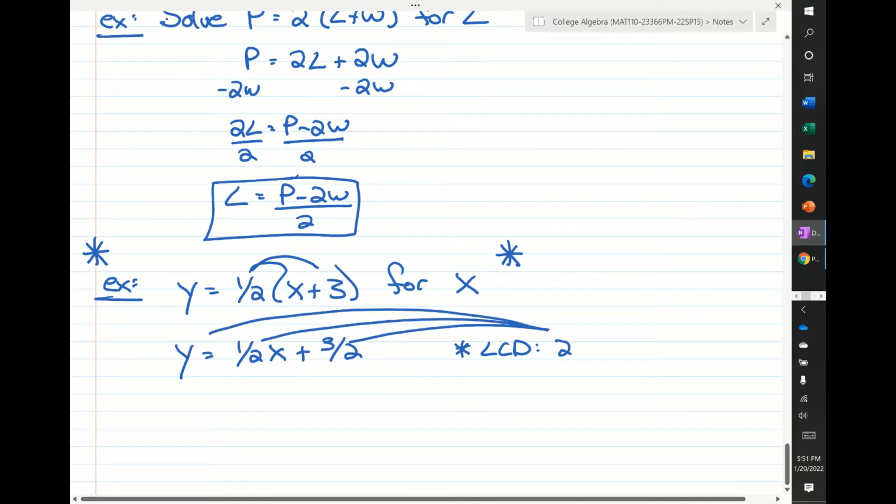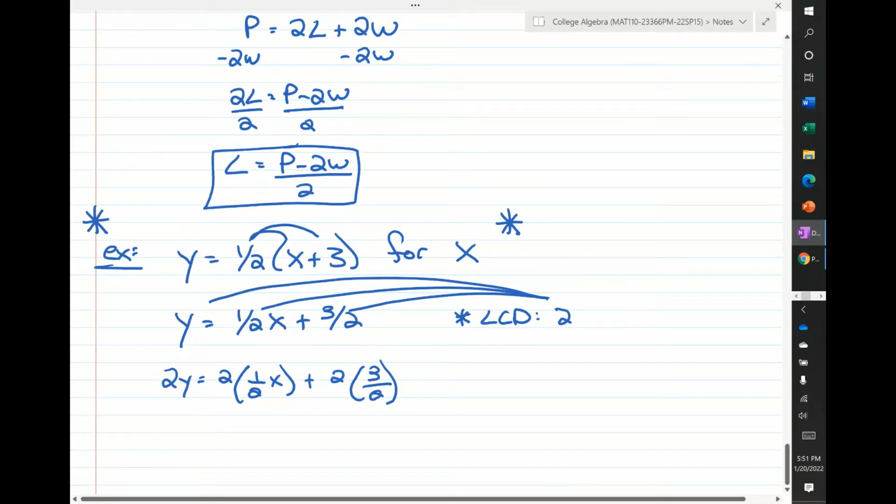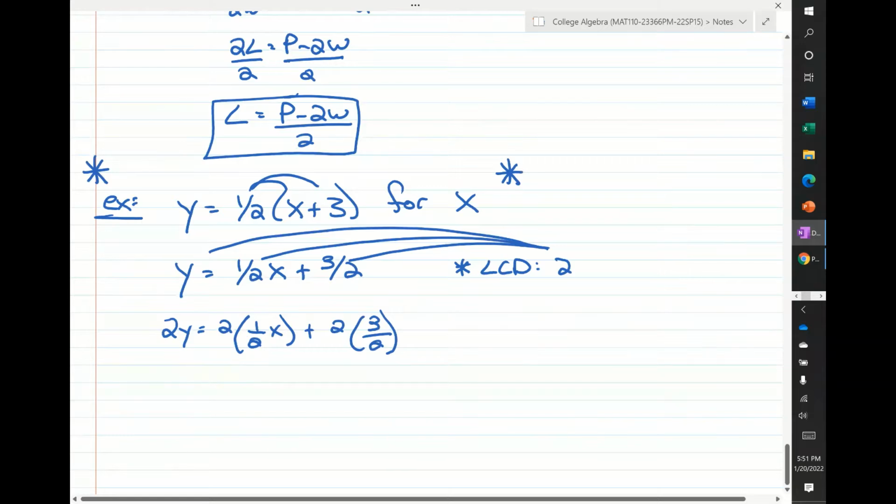We can just make them go away. y equal to 2 times 1 over 2 x, 2 times 3 over 2. That one step eliminates all the fractions. Bring this 2 on the outside, this 2 on the outside. You just get 2y is equal to x plus 3.